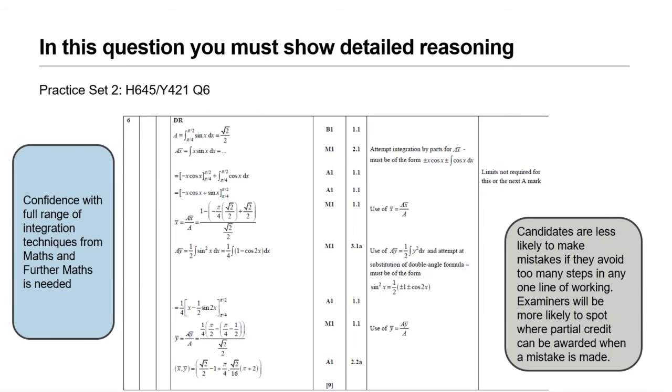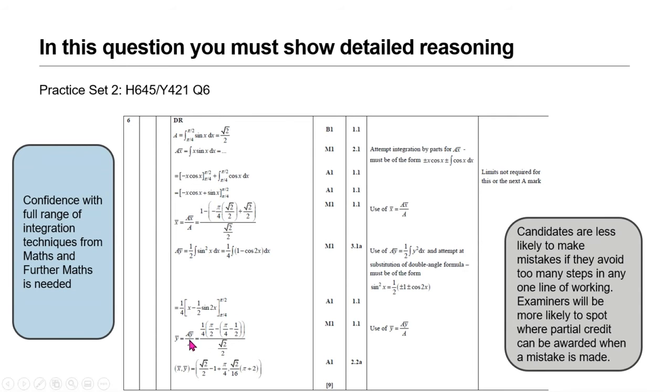I just point you to the final answer, which gets that final accuracy mark. There is an expectation in these specifications since 2017. It's explicitly written in the specification that candidates are expected to simplify their answers without necessarily being told to.